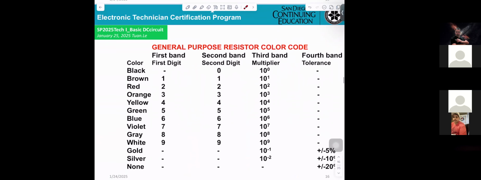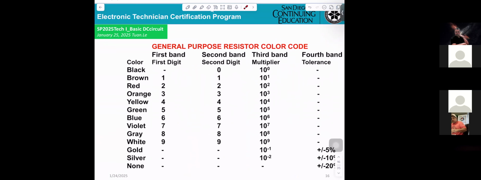This is the table given to you. First band. Okay. First digit. Okay. If the color is brown, that means the number 1. Red number 2, and so on. Second band. Second digit. Okay.